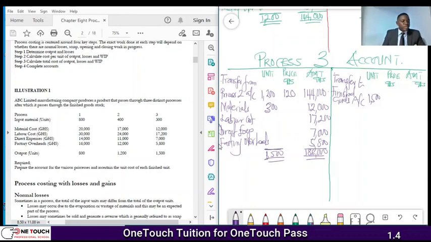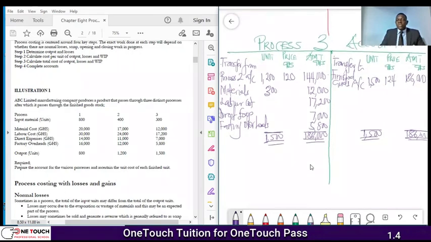That gives us 124. So 124 times 1,500 gives us our 186,000. Good. We have 1,500 units at 186,000.